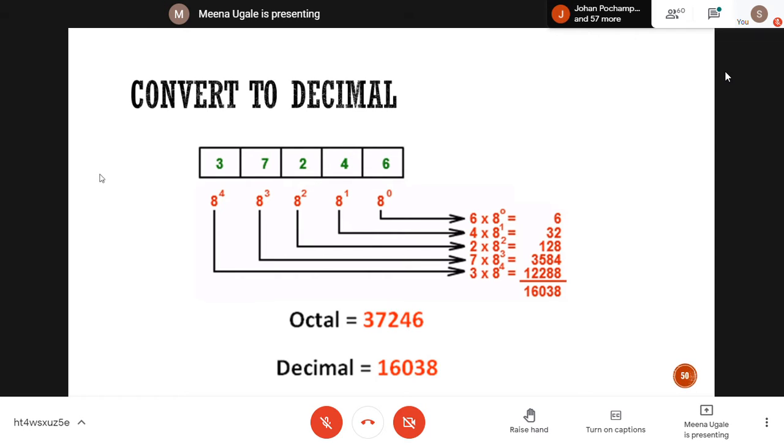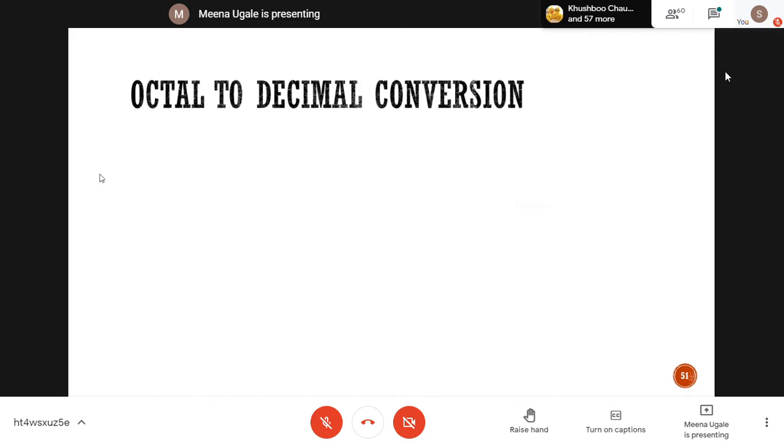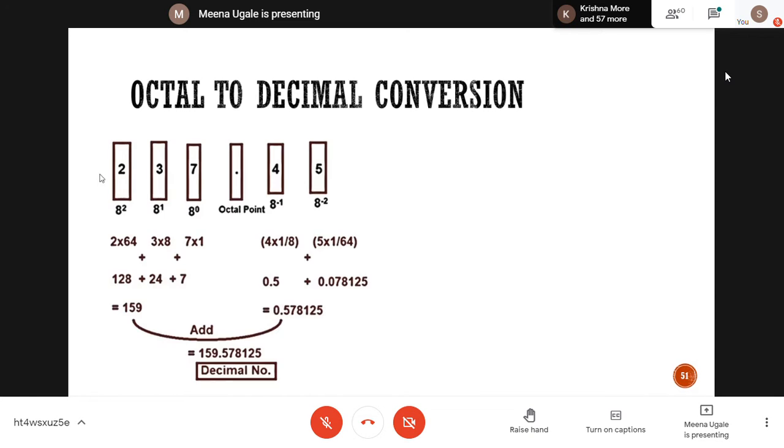Understood how to go for this? Just multiply it. Now this is a simple integer number. If you are given any number with a fraction part also, how to go for that? See the next screen. I have the number 237.45 in octal, and I am going to convert it into decimal.